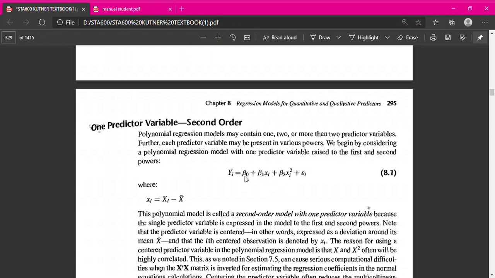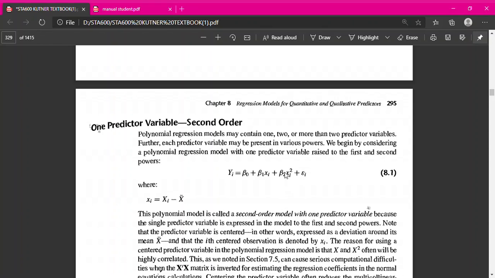Kat sini beta 0 plus beta 1 x1 plus beta 2 x1 square plus epsilon. Ni model dia. So x yang kedua ni yang kita jadikan dia second order. Square kan the predictor variable akan jadi the second predictor lah. Sepatutnya ada satu sahaja predictor, so kita jadikan satu lagi sebagai x square. Ini dinamakan second order model with one predictor variable.